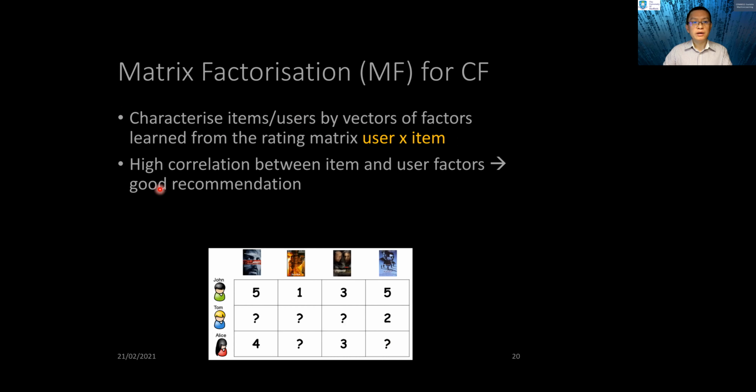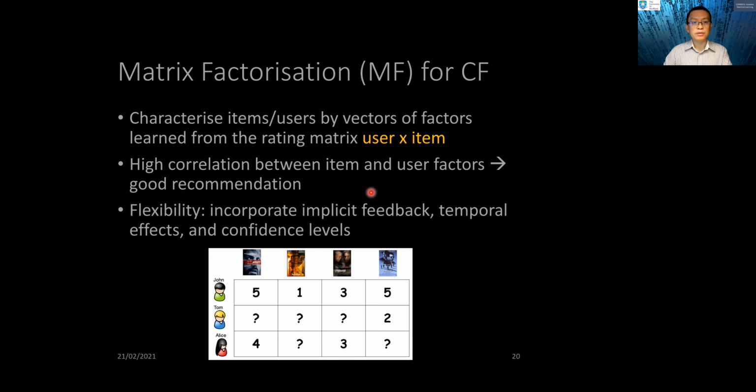In this way, a high correlation between the item factor and the user factor will indicate a good recommendation. And this gives us the flexibility to incorporate implicit feedback, temporal effects, and confidence intervals.